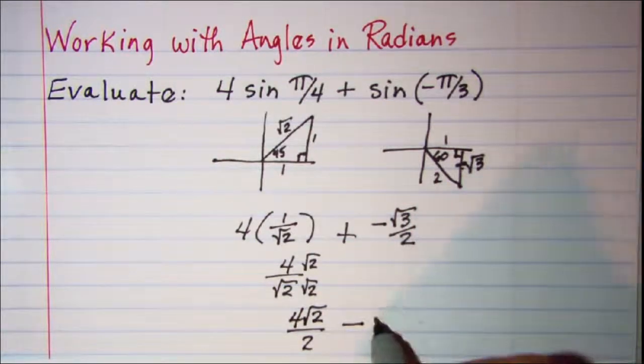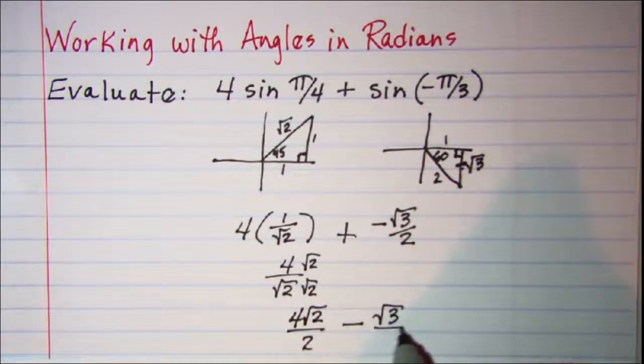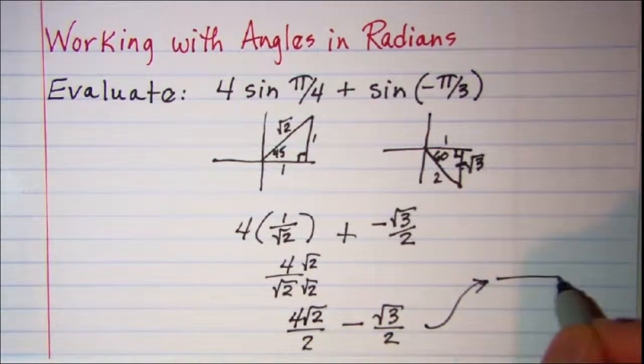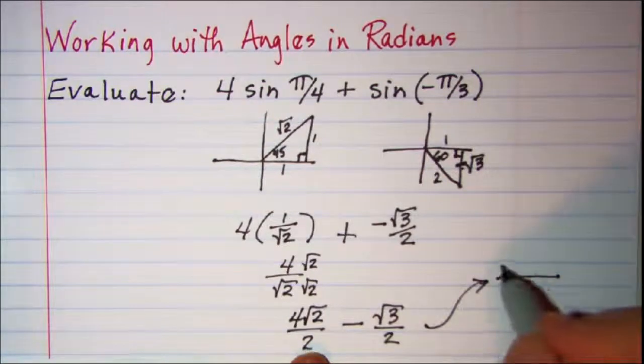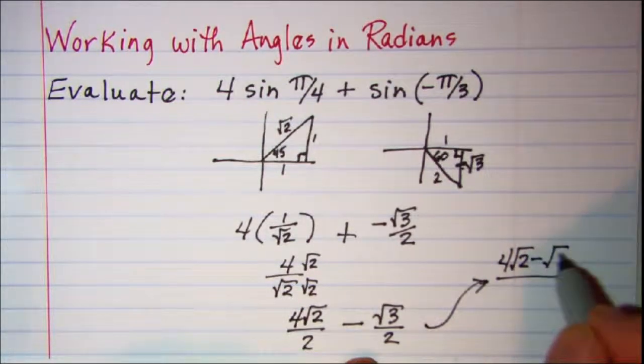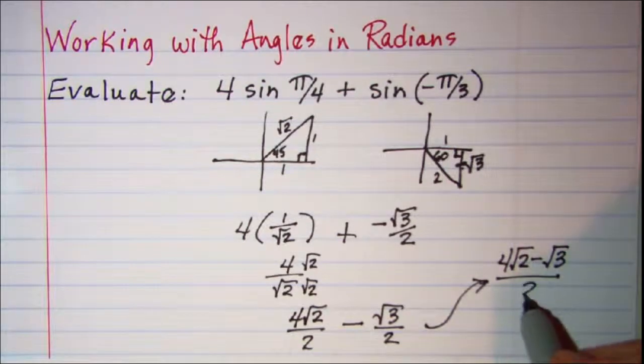And then root 3 over 2. Now since these both have a common denominator of 2, I can put them together. And my final answer is 4 root 2 subtract root 3 divided by 2.